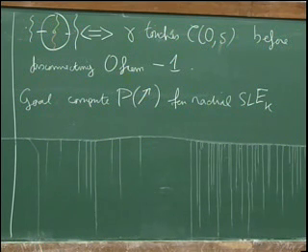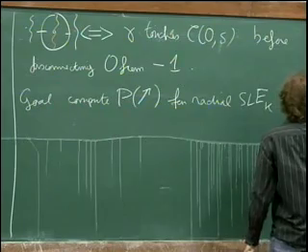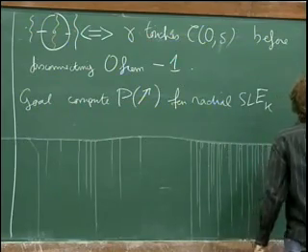Here I showed you that there was a phase transition at kappa equal to 4 for chordal SLE. But the way we chose the equations for the radial and chordal SLE, this 2 in the equation for chordal SLE, which is not on the board anymore, ensures that the phase transition at kappa equal to 4 is the same for chordal and radial SLE. And it means that we are going to look at this for kappa bigger than 4.